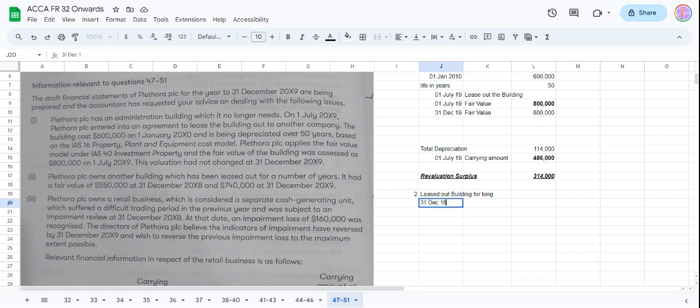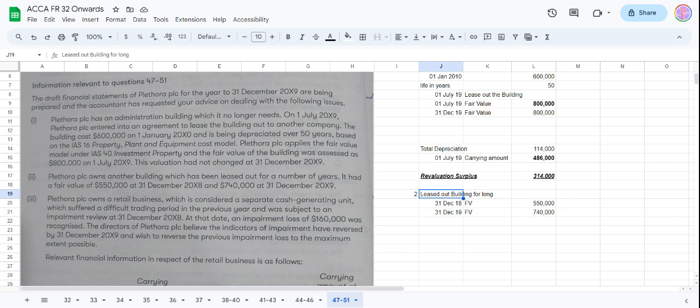Last year end, 31st December 18, its fair value was 550,000. Now, on this reporting date, 31st December 19, the fair value had changed to 740,000. So there is an increase in the fair value of some property which is leased.